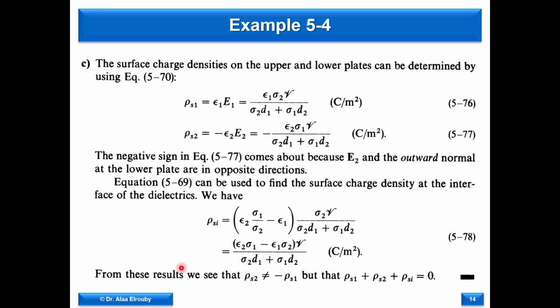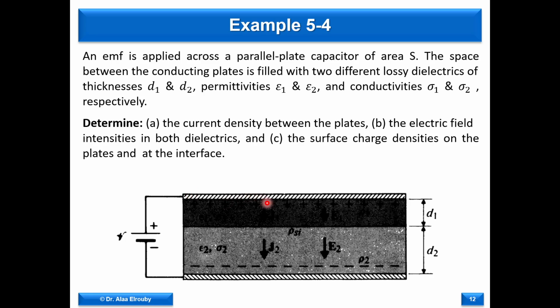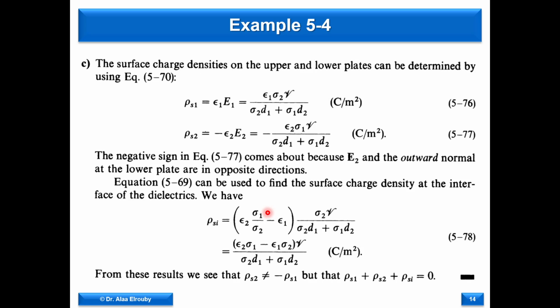The third requirement is to find the charge density on the upper and lower plates. We know that on the surface of a conductor, the surface charge density equals D, which equals epsilon 1 E1. Here the field is going out of this plate, so the charge on the top side is positive and equals epsilon 1 E1.